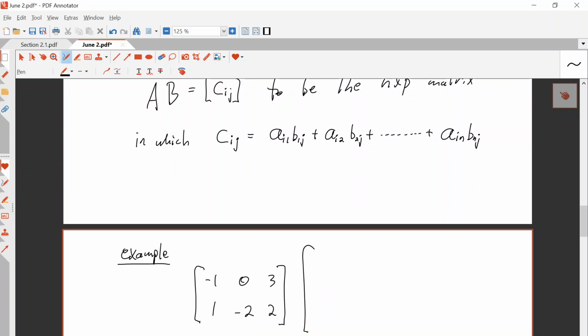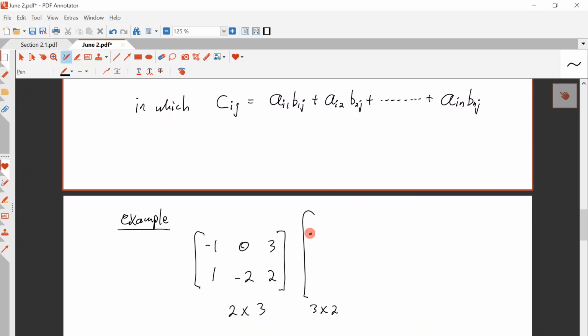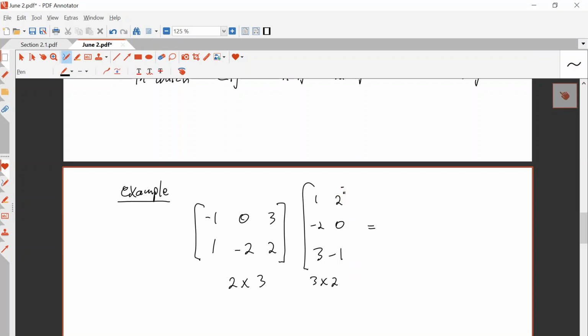Now let's take a 3 by 2 matrix, 3 rows, 2 columns: 2, 0, and 3, minus 1. Okay, so the result is going to be 2 by 2.